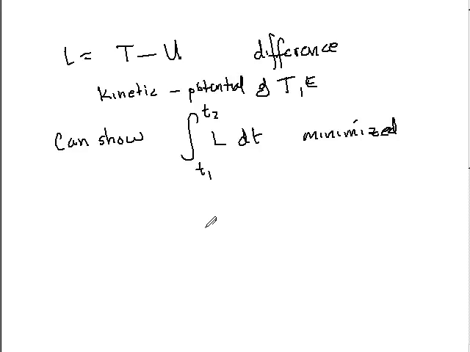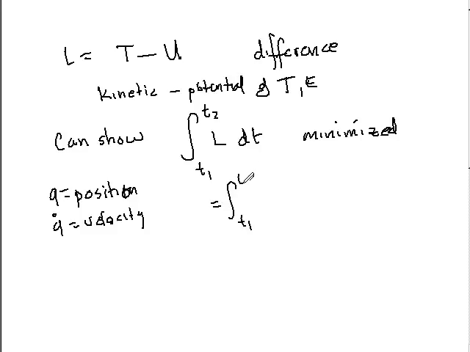So let Q be the position, and Q prime is the velocity. Then the potential energy is usually a function of position, and kinetic energy is a function of velocity. So this is equal to the integral from T1 to T2 of L(Q, Q dot).